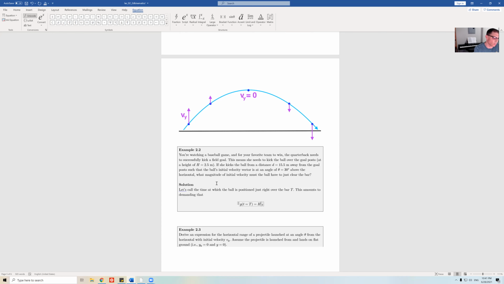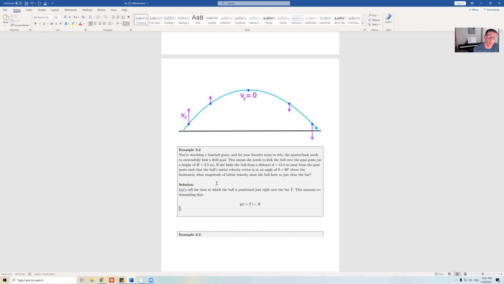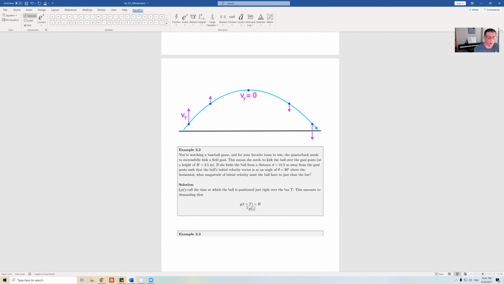So what we can do is write an equation that reflects this, right? So we can say y of T equals big H, and then we plug in y initial plus v initial y T. And now remember, we're talking about projectile motion, so this is going to be minus 1/2 g T squared. Okay, and we can, of course, take the initial position of the ball to be our origin, right?